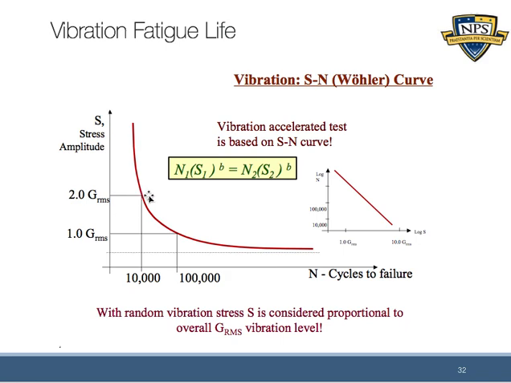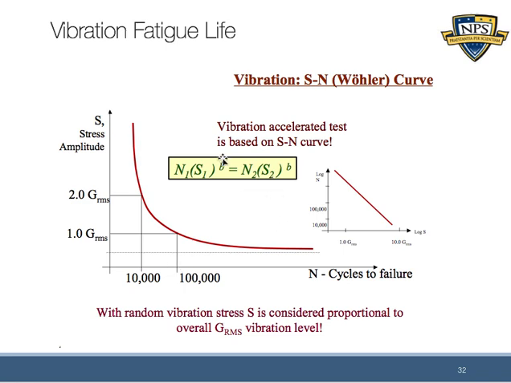So just as an example, look at this value of 2 GRMS, which is a quantification of vibration, right? So 2 GRMS might take 10,000 cycles, whereas if the system is at 1 GRMS, it would take as much as 100,000 cycles to be equivalent.